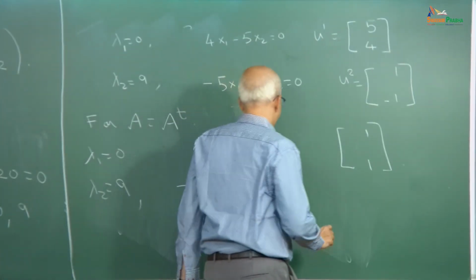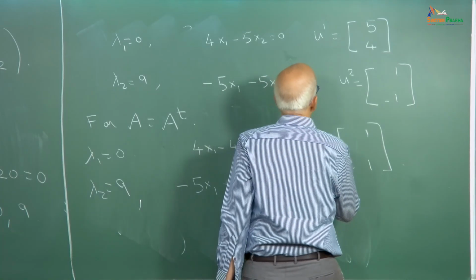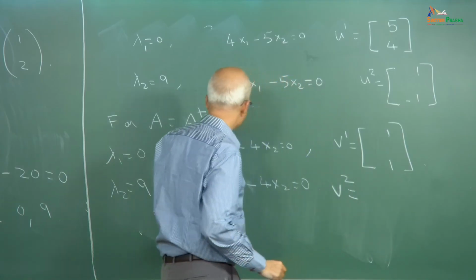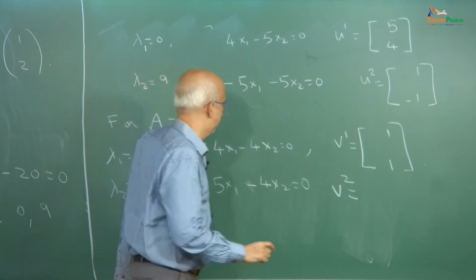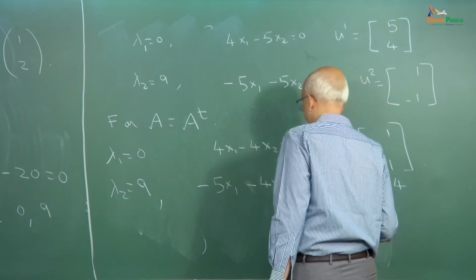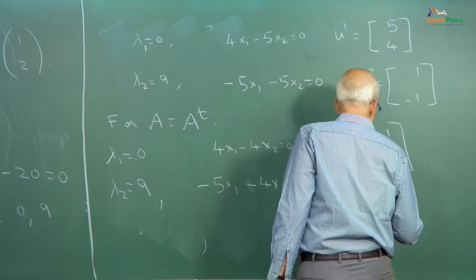So, now this is V1, and V2 will be, when the x1 is 4, x2 will be minus 5.